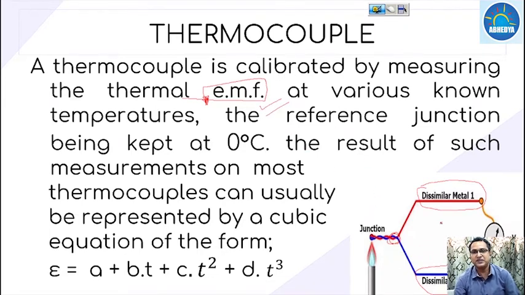When two different metals are joined in such a way that two different junctions are formed, at these two junctions we find out how much EMF is generated, and with the help of this EMF we find the value of temperature by using the relation that E is equal to A + BT + CT² + DT³ + and so on, where A, B, C, D etc. are constants and T is the temperature.